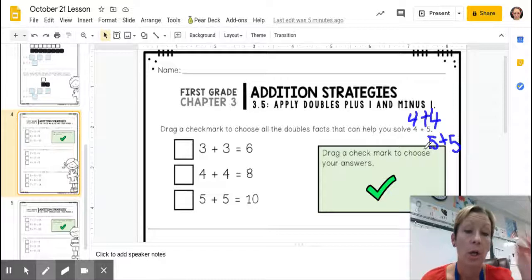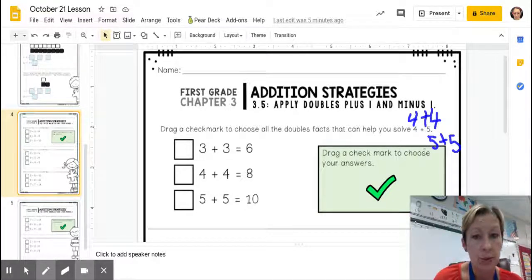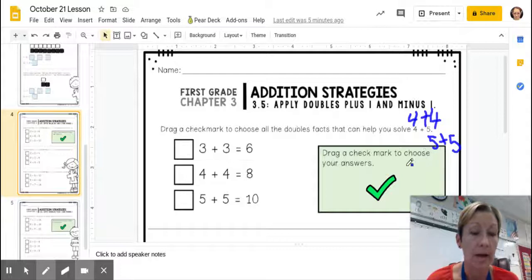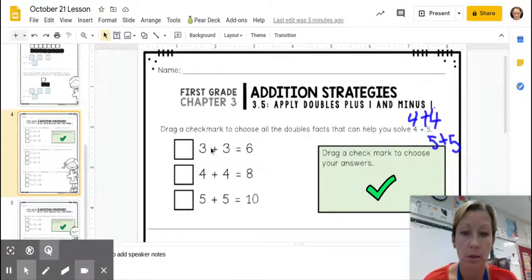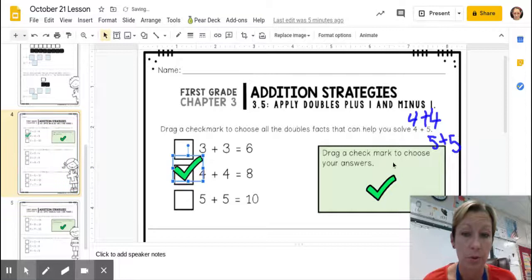Okay? So whenever you see a question which doubles facts you can use to solve something, like 4 plus 5, the only 2 I can use are either 4 plus 4 or 5 plus 5. It's the only choice. You see over here, I've got 4 plus 4 and 5 plus 5 for my answers.